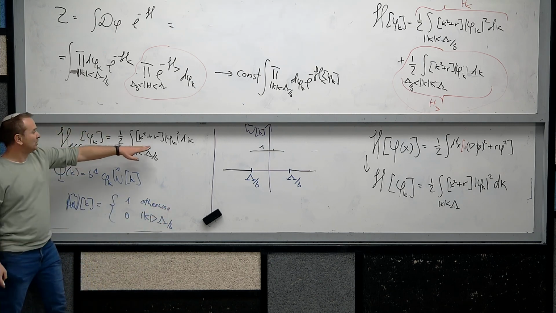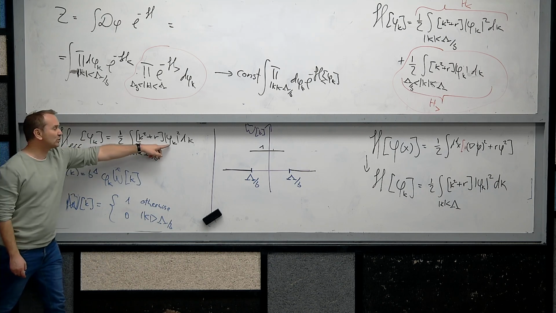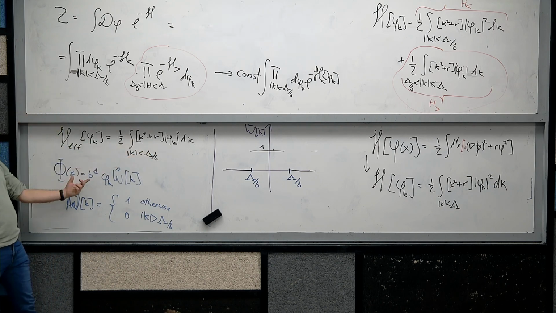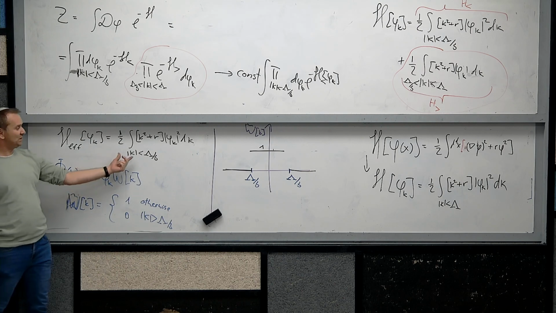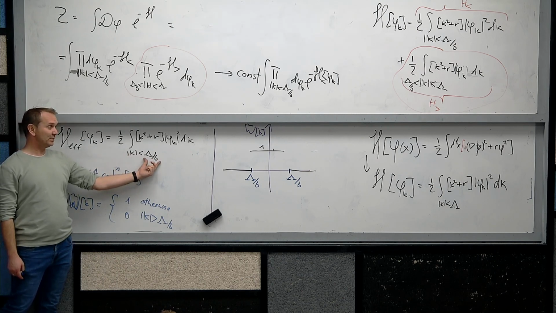So instead of representing this Hamiltonian by using the original modes, we can plug inside. You notice we integrated out all the modes with k's that are larger than lambda divided by b.